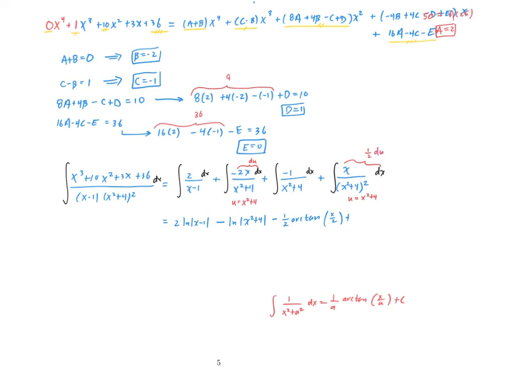So we will have an extra 1/2 out front, and the antiderivative of 1 over u squared is minus 1 over u. So once again, I'm leaving out a few small steps, but evaluating these integrals with a substitution is by no means the crux of this problem. And finally, we finish up by simply putting a plus c.